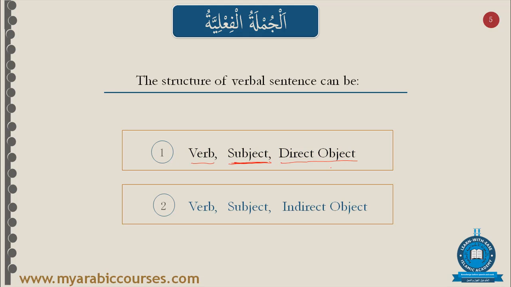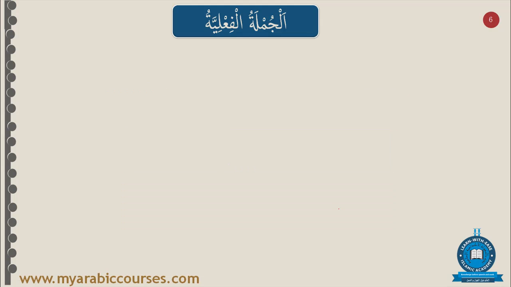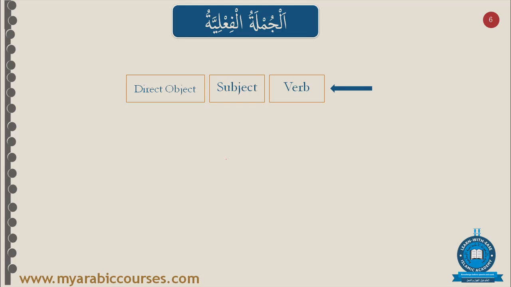The next one is the verb starting the verbal sentence as usual, the subject, the doer of the action, and an indirect object. So we are going to look at the meaning of an indirect object. So this particular part of the lesson, we look at the verbal sentence structure of verb, subject, and direct object.